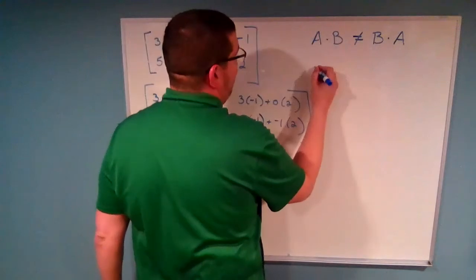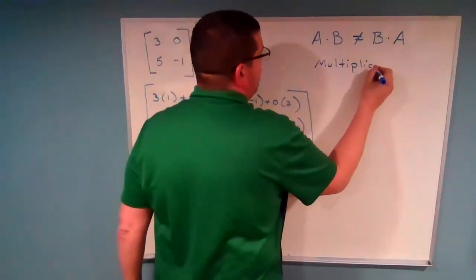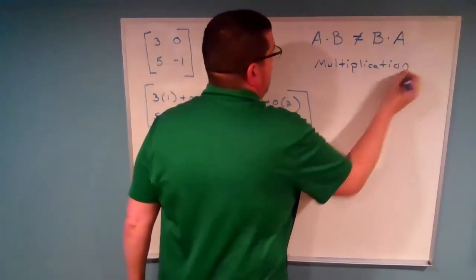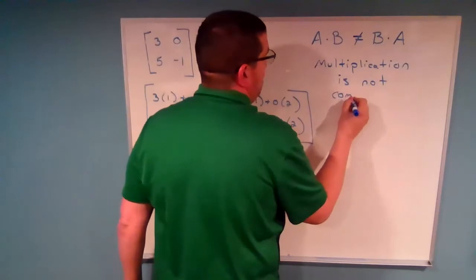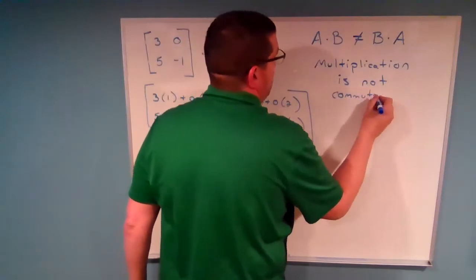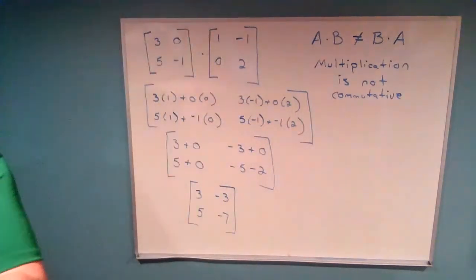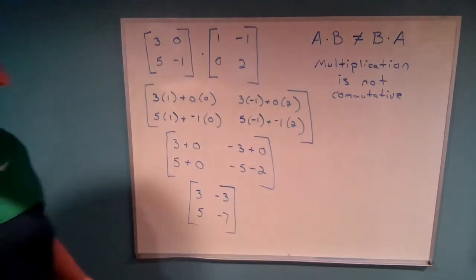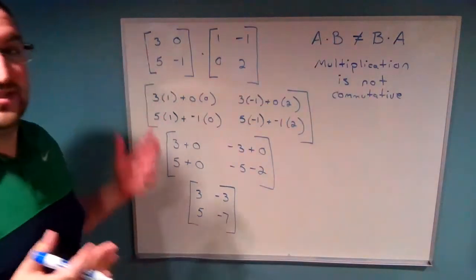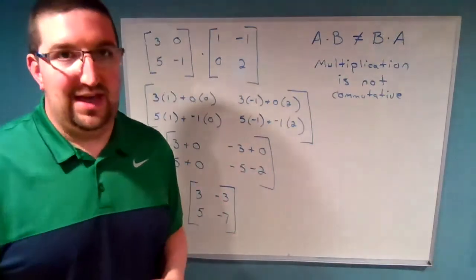So multiplication of matrices is not commutative. I believe I spelled that right. Commutative, yes. All right. So it does matter the order you're multiplying them in. You have to be aware of that.